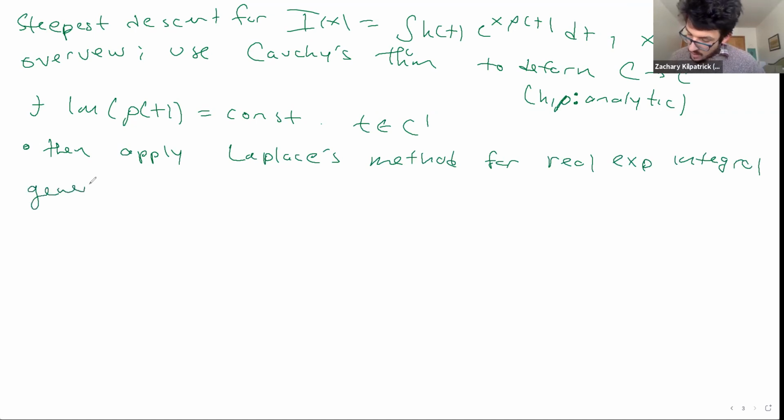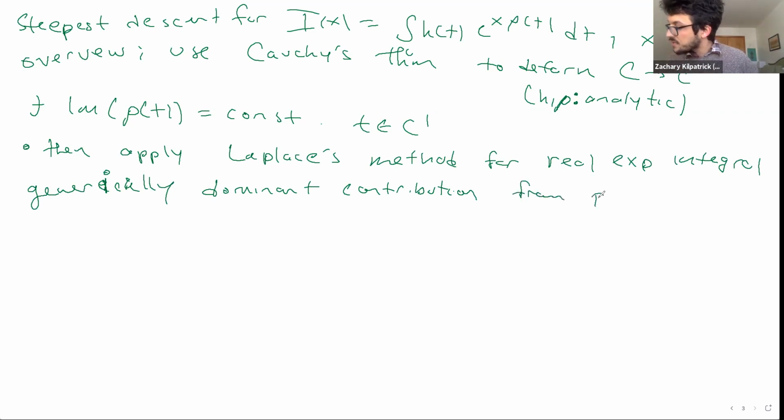And generically the dominant contribution will be from points where rho prime of t0 is equal to 0, okay?